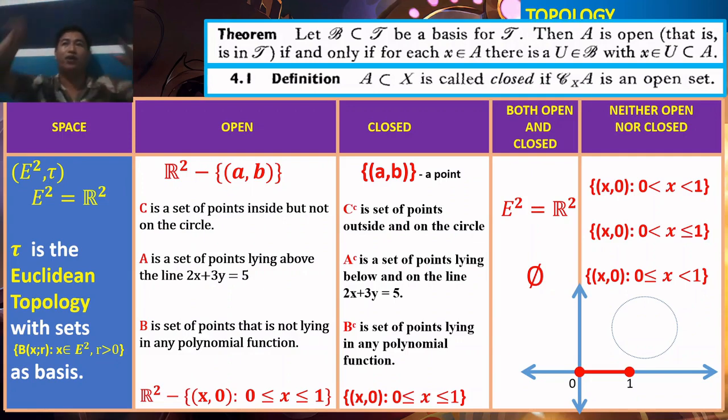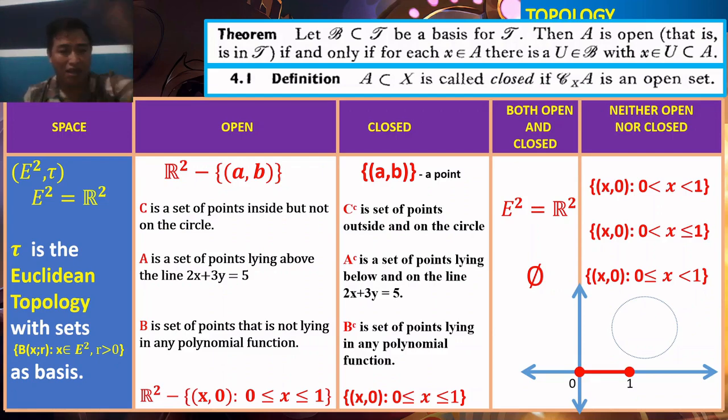So, set nga points sa outside sa circle kay open. Dili apil ang points sa on the circle. Sunod class, atong complement is the set of points inside or on the circle. So, close na siya.